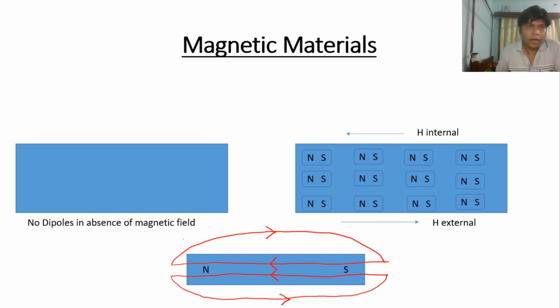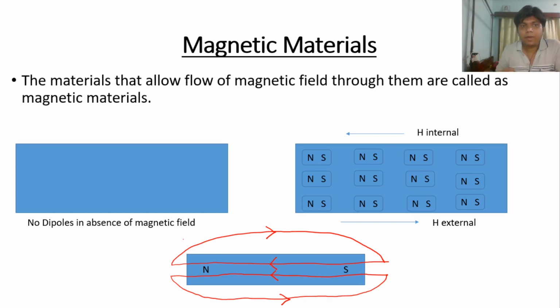The conducting materials are the materials that allow the flow of current through them. And what about the magnetic materials? The magnetic materials are the materials that allow the flow of magnetic field through them. Generally, we have studied three types of magnetic materials.